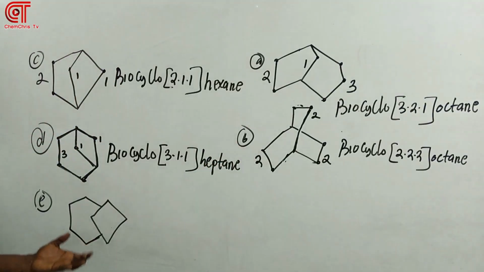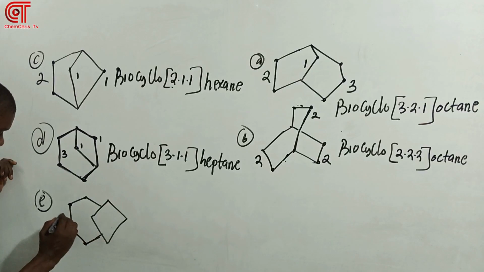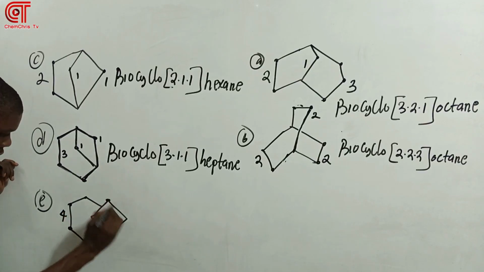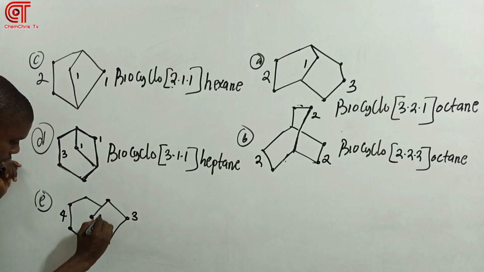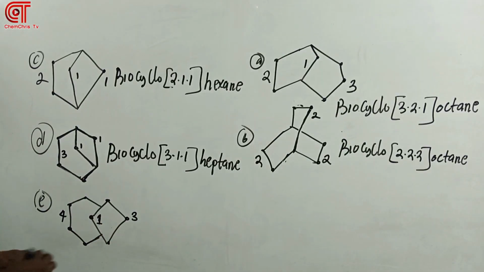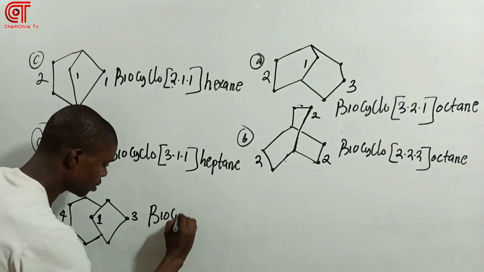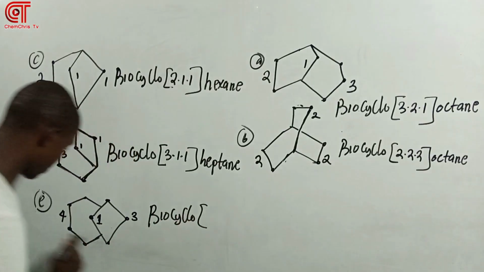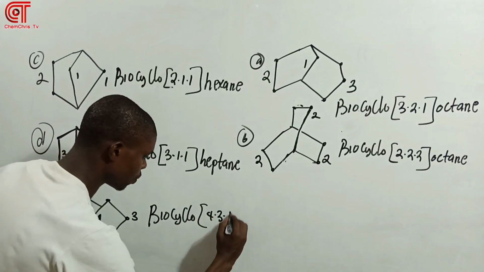You see that? I say how easy it is. Then this one here, 1, 2, 3, 4. Right? Here we have 4. Here we have 1, 2, 3. Here we have 3. Here we have 1 here. Right? So how do you name it here? What do you mean by cycle? By cycle, here we have 4, 3, 1.